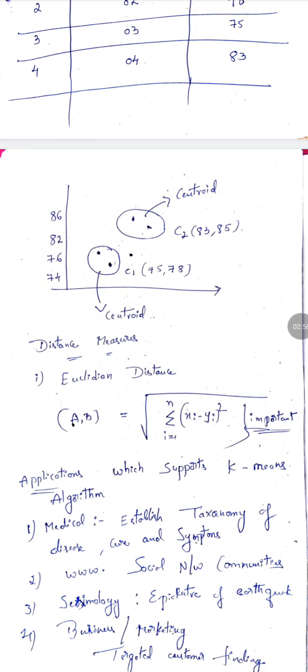With the help of Euclidean distance, the measure of distance between them, we can find the centroid, and this Euclidean distance helps identify the nearest points of these clusters. Outside of the clusters, those are noisy data, which we avoid in K-means.